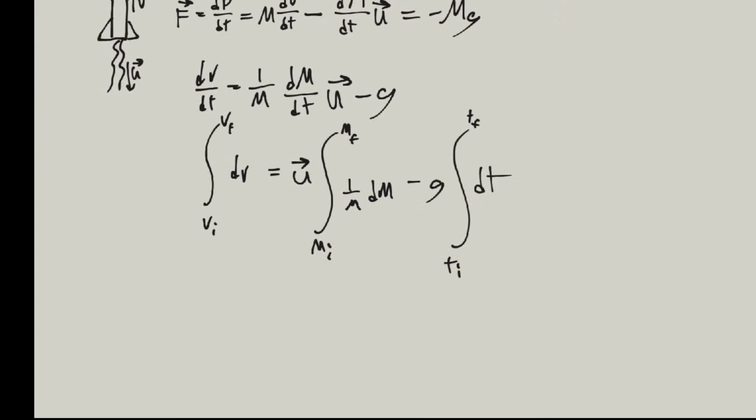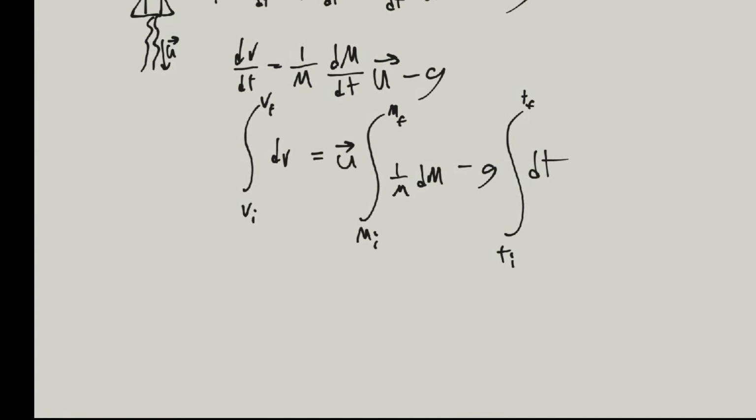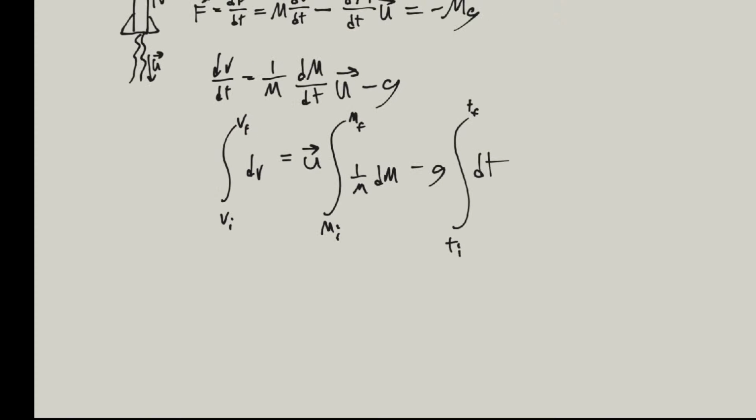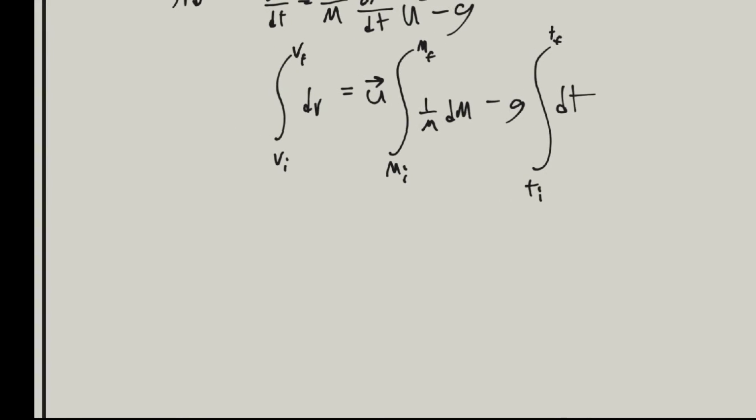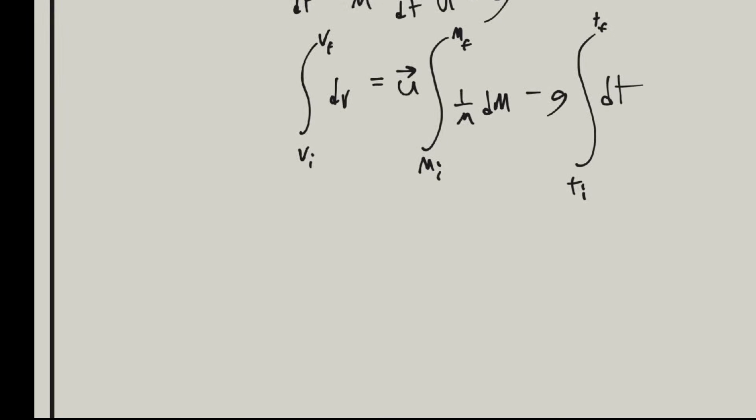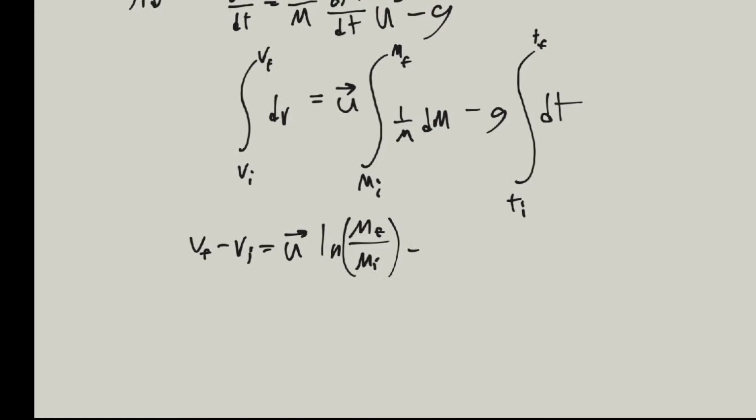In the next video, I'll talk more about integrals, and we'll get a slightly better understanding, but honestly, even I don't really fully understand integrals yet. I didn't get up to there in my official math class, but I have a good enough understanding of them. And so because of the laws of integrals, which I'm not going to talk about here, this becomes vf minus vi equals u times the ln of mf over mi, minus g times tf minus ti.